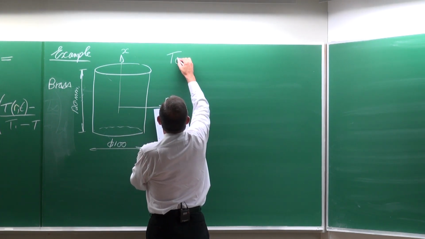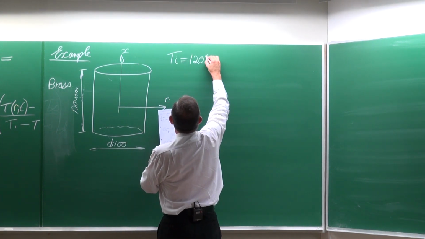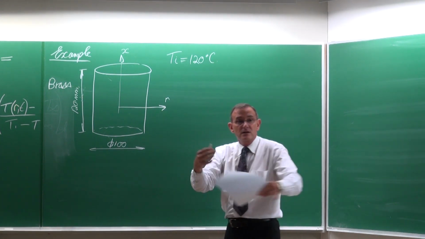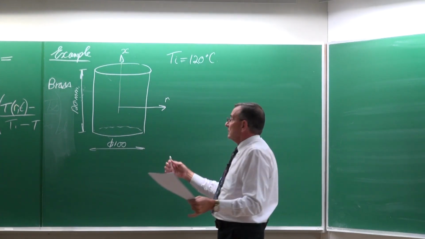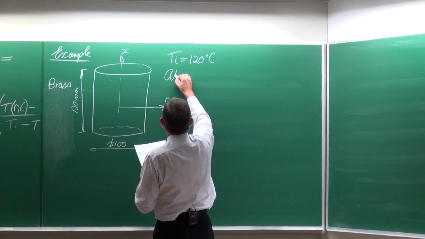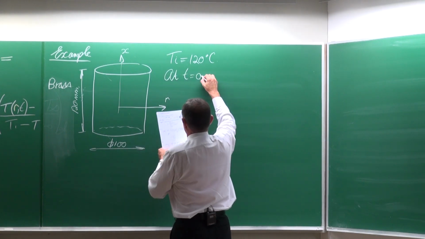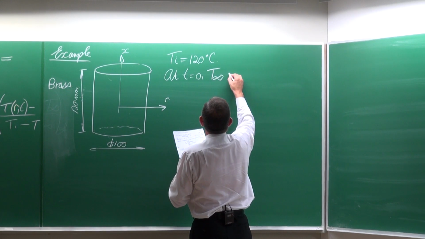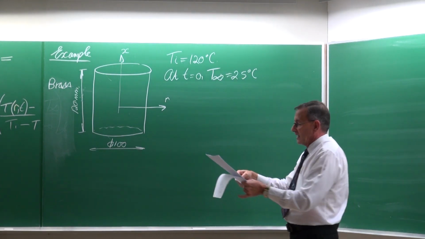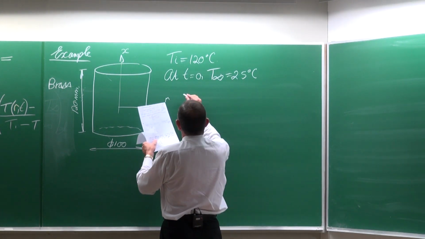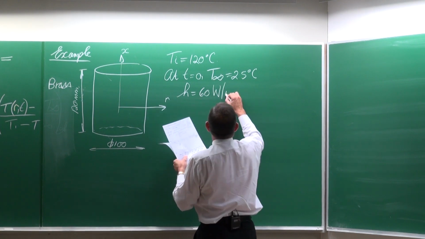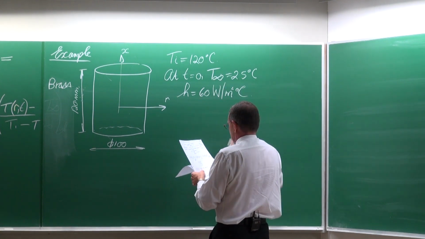The temperature of this cylinder was 120 degrees Celsius, and so it was in an oven. Maybe you're busy with a material treatment or a surface treatment, and then at T equal to 0, the environment temperature changes to 25, so it is taken out of the oven and put somewhere so that it can cool, and the heat transfer coefficient is 60 watts per square meter degree Celsius.